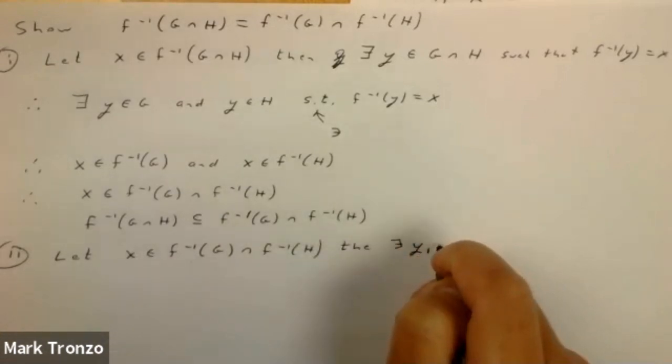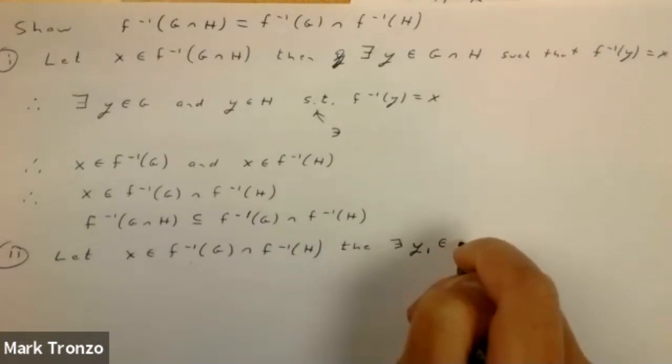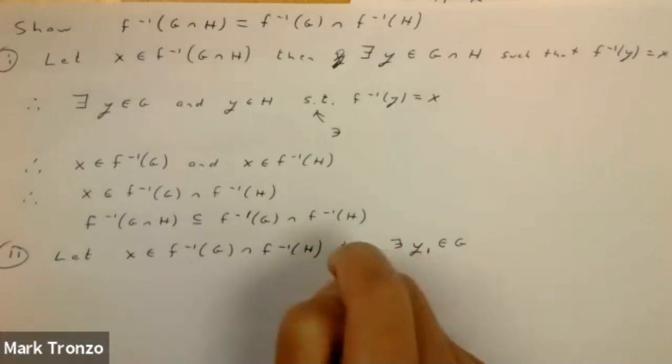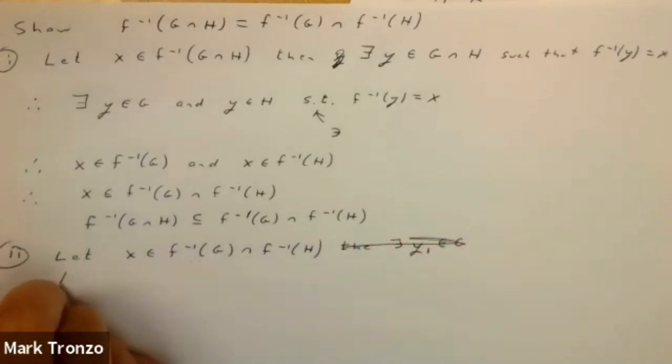So there exists a y1 in G. I should write this down in the next line. Let me write this, give us a little more room.